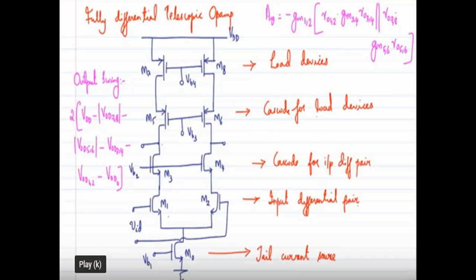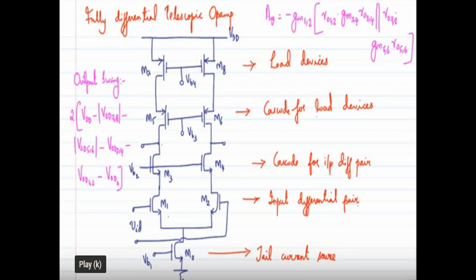The transistors are named: M0 is the current source, M1, M2 are the input differential pair, and M7 and M8 are the load devices, and M3, M4, M5, M6 are cascode devices. That is, M3 and M4 are cascode for the input differential pair, and M5 and M6 are cascode for the load devices. So this is the structure of a fully differential telescopic op-amp.